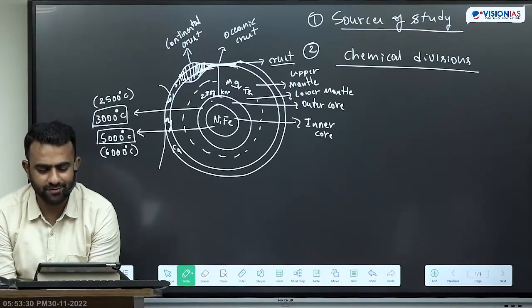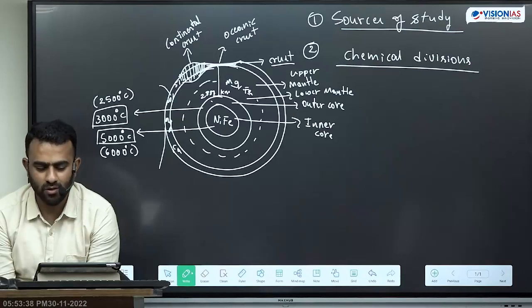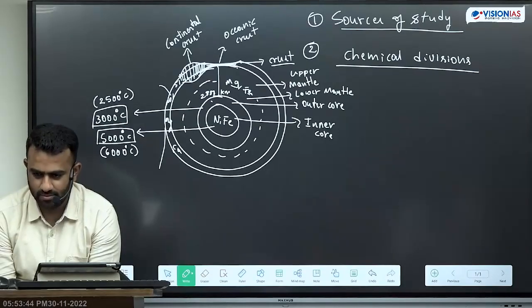Next point, it is divided into upper and lower mantle.